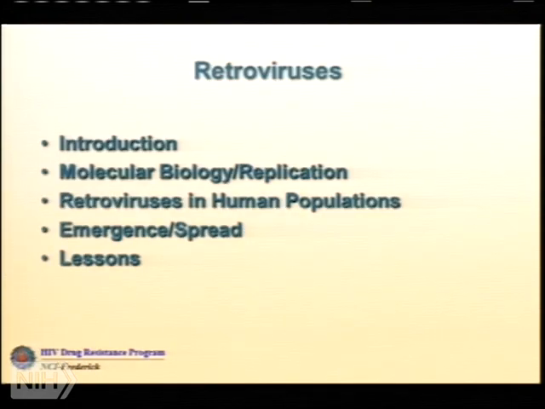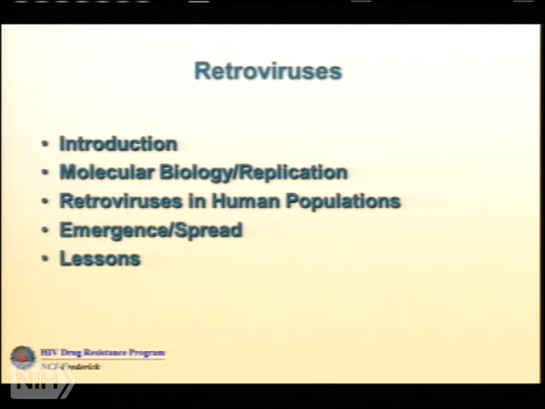What I really wanted to talk about in general, this is just an outline, is to introduce these viruses, talk about their molecular biology and replication, because knowing that, we understand how many of the therapies have been developed for them. Then look at these retroviruses as they entered and emerged in human populations, talk about how that emergence and spread occurred, and finally whether there are some lessons.